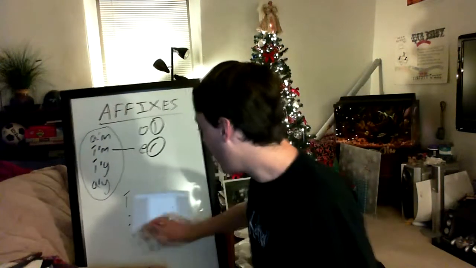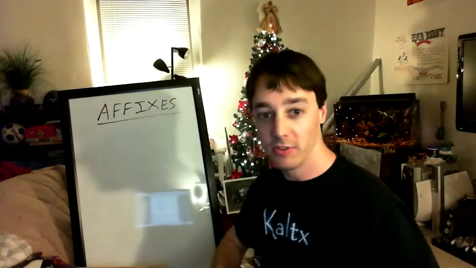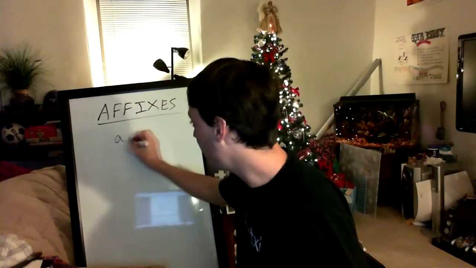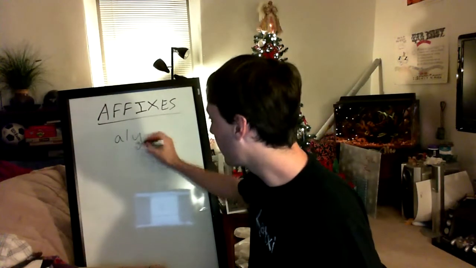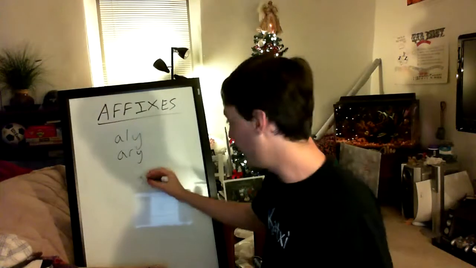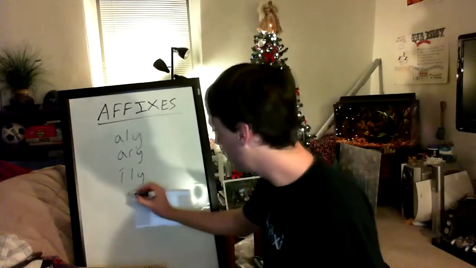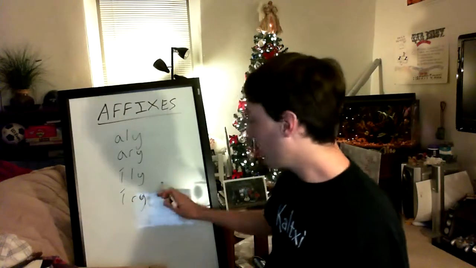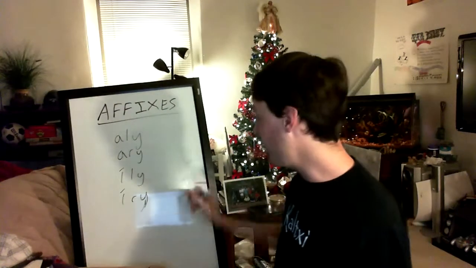So, let me just write out all the combinations you can get here. We'll start with the future tense, and we'll work our way down to the past tense. So we have aly, future perfect; ary, future imperfect; ilay, recent future perfect; that's a Y there, let me try this again; iray, recent future imperfect.